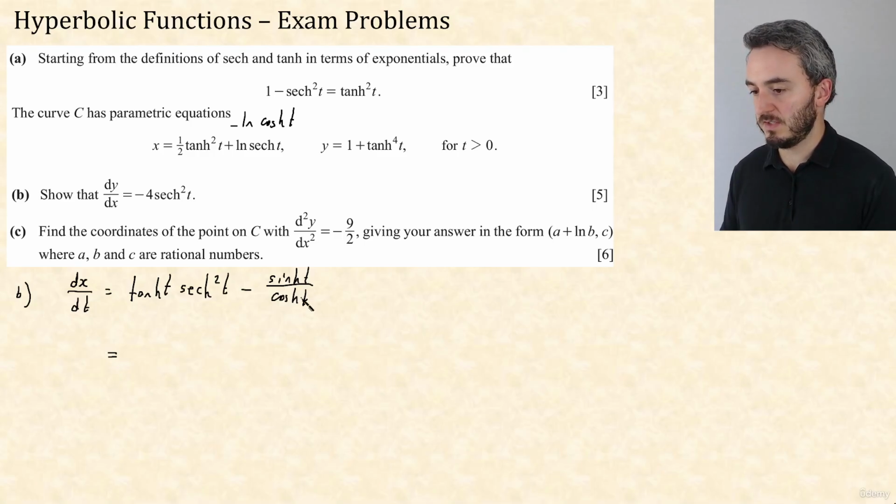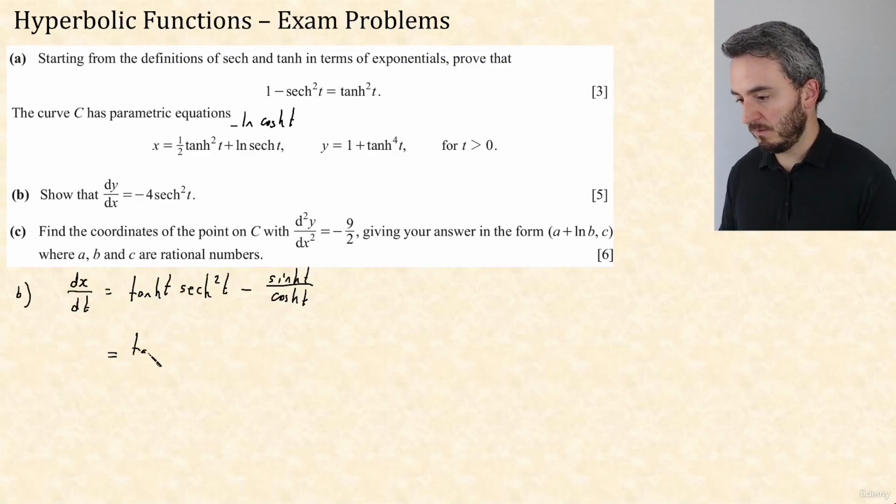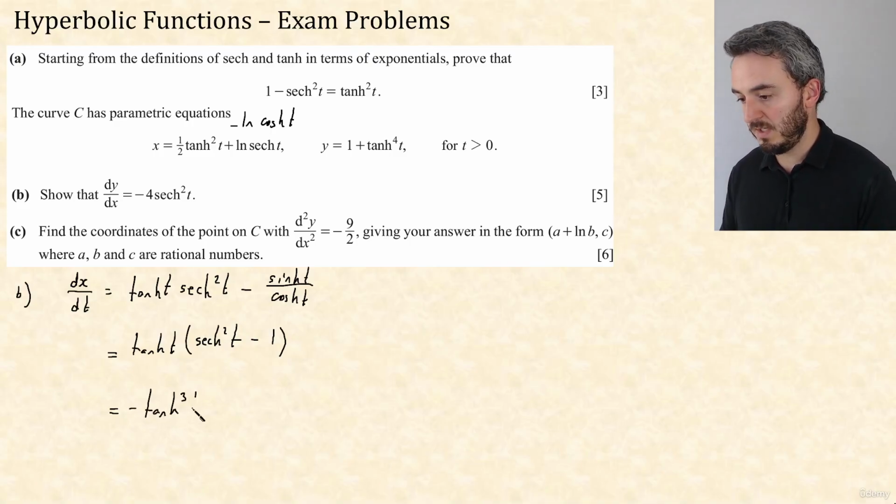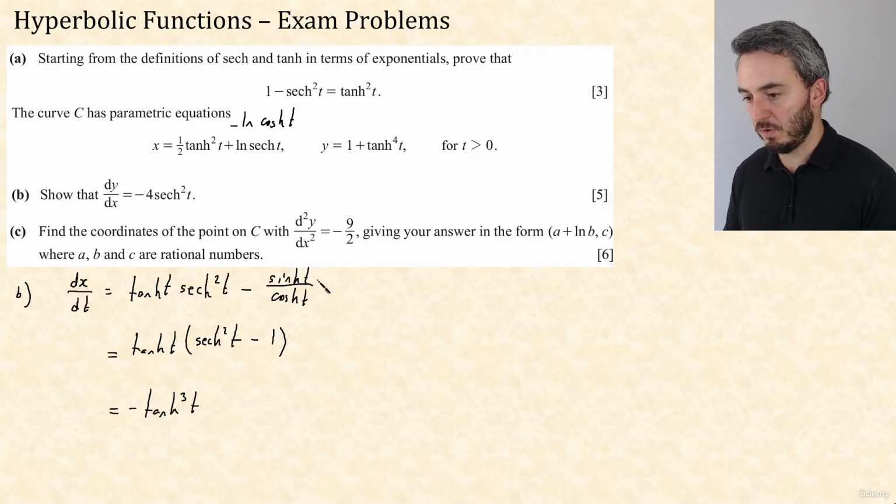Look, I can factorize out tanh t, because I've got tanh t, and then I've got sech squared t minus 1. And this is where I can use this result, because 1 minus sech squared t is tanh squared t, so sech squared t minus 1 is minus tanh squared t. So this actually gives me minus tanh squared t times tanh t, which is minus tanh cubed t. So that's quite a simple form there.